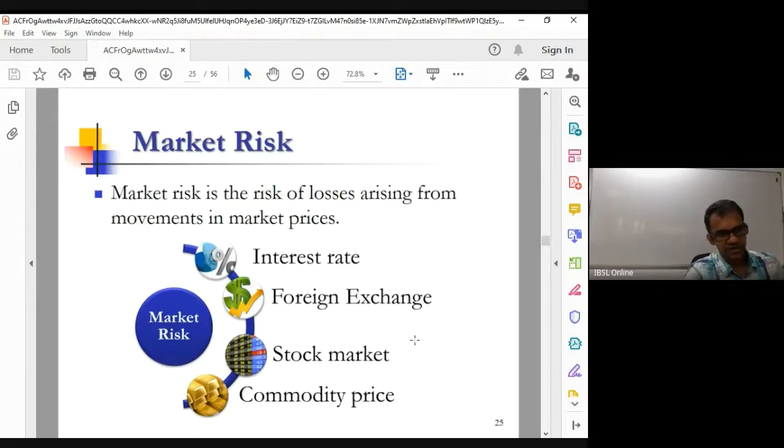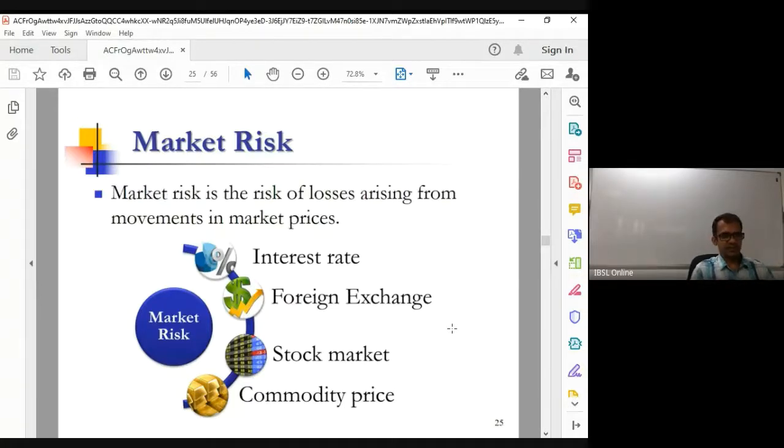Today I'm going to give a brief introduction about market risk, and later we'll discuss in detail market risk, especially interest rate and foreign exchange risk, and how we can use derivative products to mitigate interest rate risk and foreign exchange risk. But I'll give you a brief introduction about market risk.